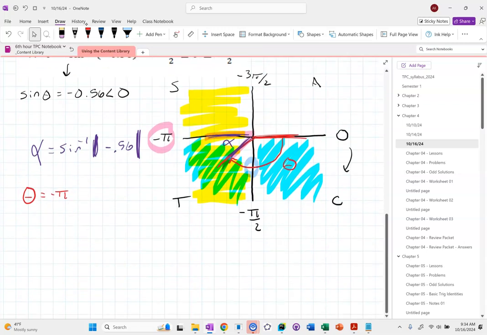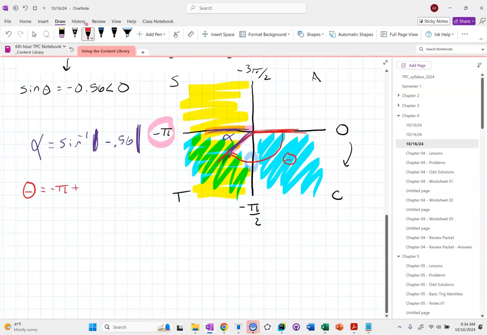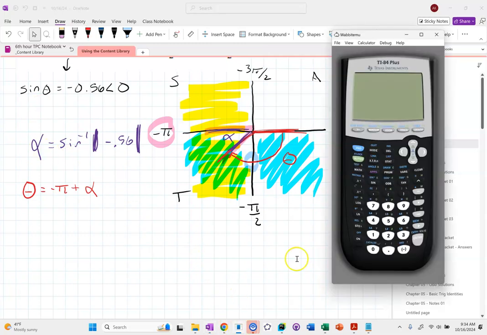That's my little rule. And now it's just calculator time. So negative pi plus sine inverse, and I'll do the absolute value in my head. So I get negative 2.55 or so.